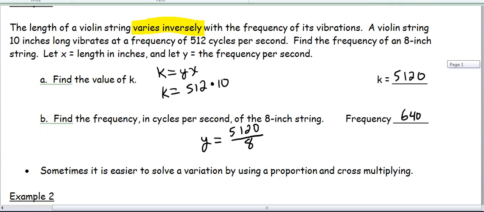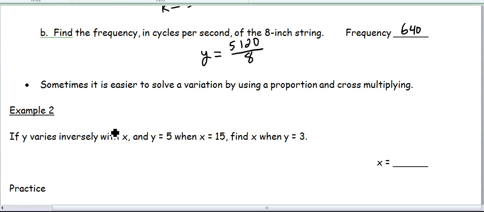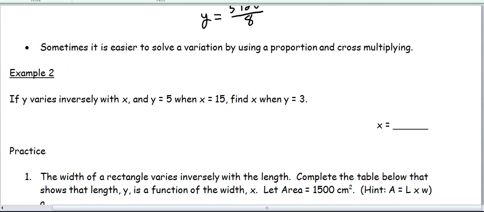All right. Now, this is on your sheet. It says sometimes it's easier to solve a variation by using a proportion and cross multiplying. I'm going to teach you something a little bit different. You can do it that way, but let me show you something easier.